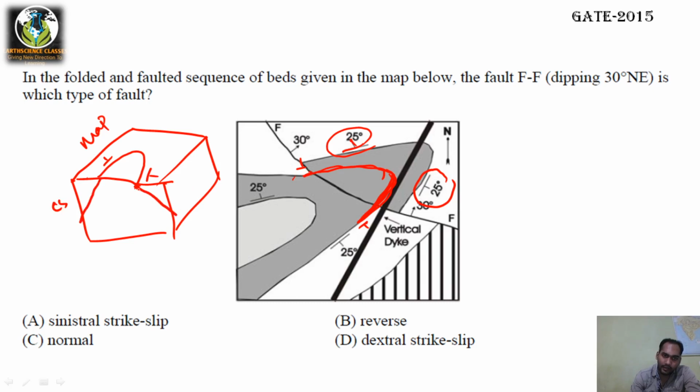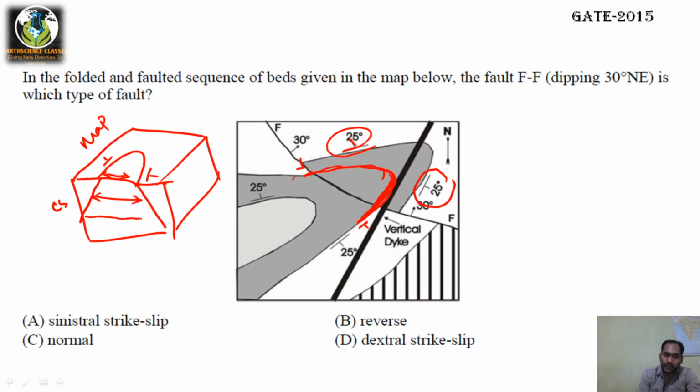This is like this. That means what? As you move down, the width will increase. The width here is wider than this.